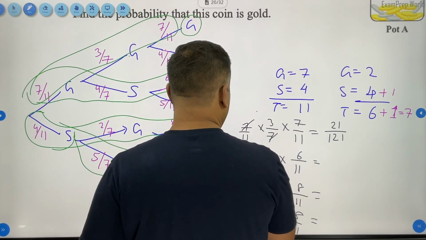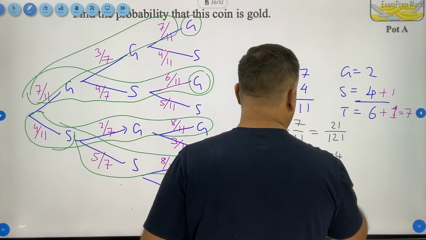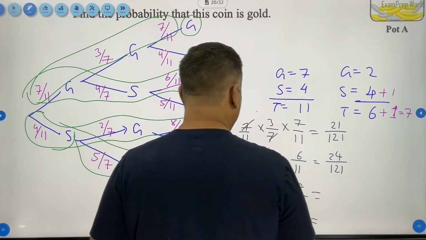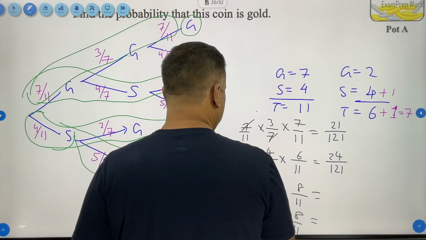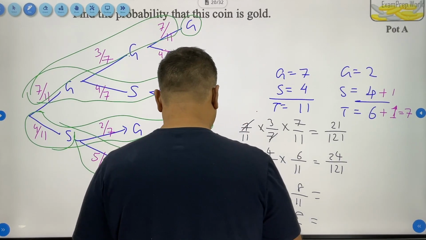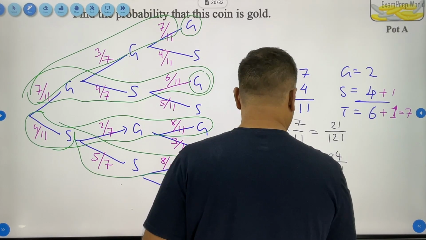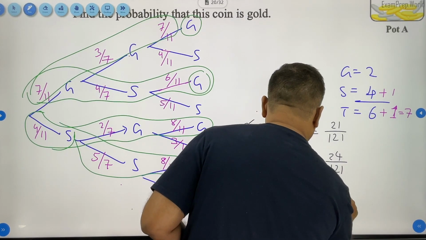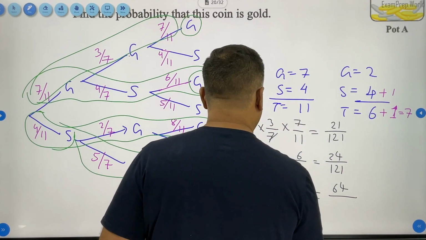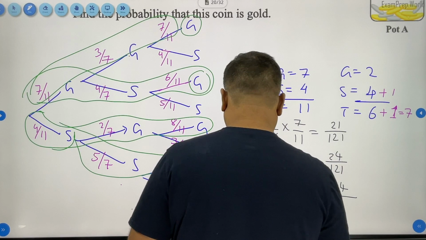We'll cut again this 7, 7, 24 upon 121. We can't cut anything here, 64. 64 upon 121 times 7.